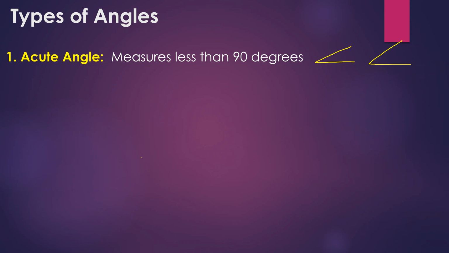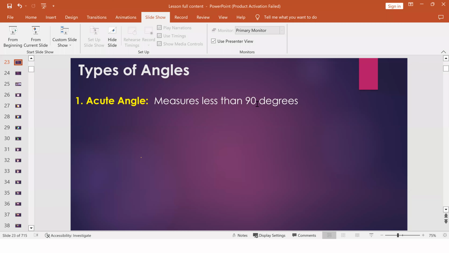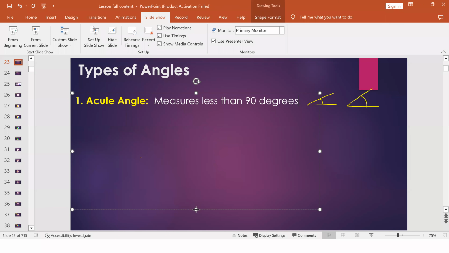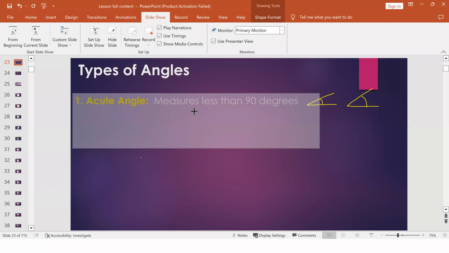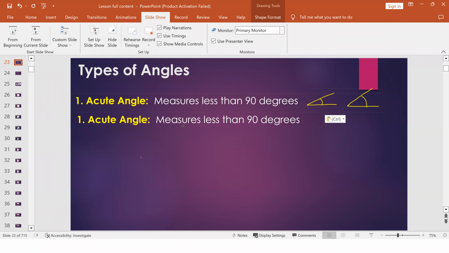These are acute angles. They measure less than 90 degrees, but they could also be equal to 0. So between 90 and 0. Okay, so that's acute angles.